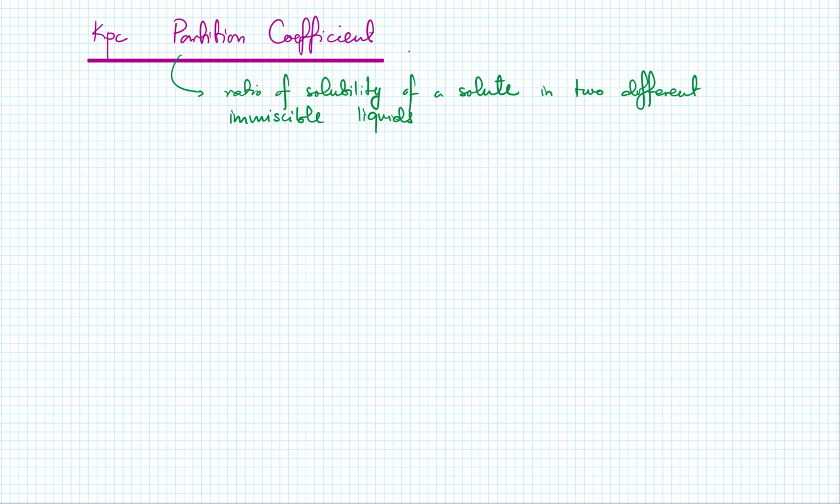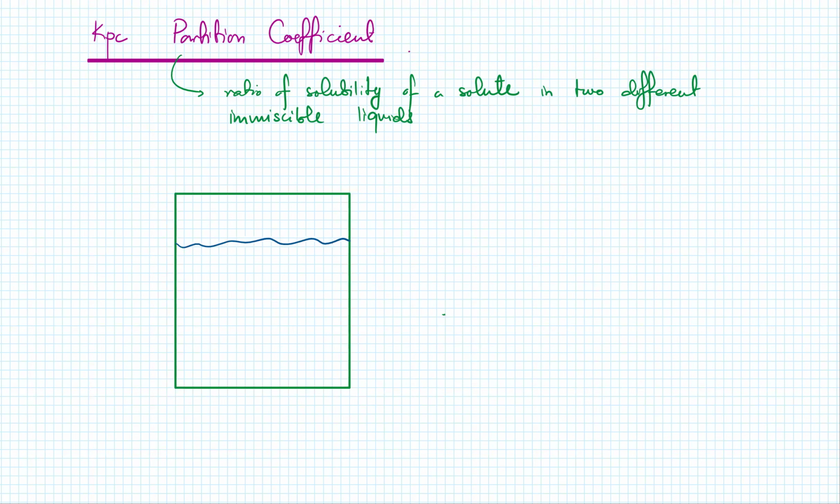Let's try and understand what KPC is. First thing, you need two immiscible liquids, right? So if I have a beaker and it's got two immiscible liquids, let's say it's got hexane, which is basically oil, and it's got a layer of water.